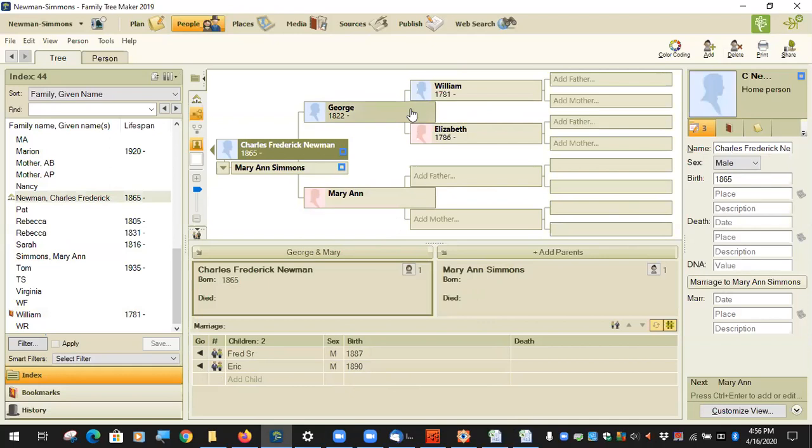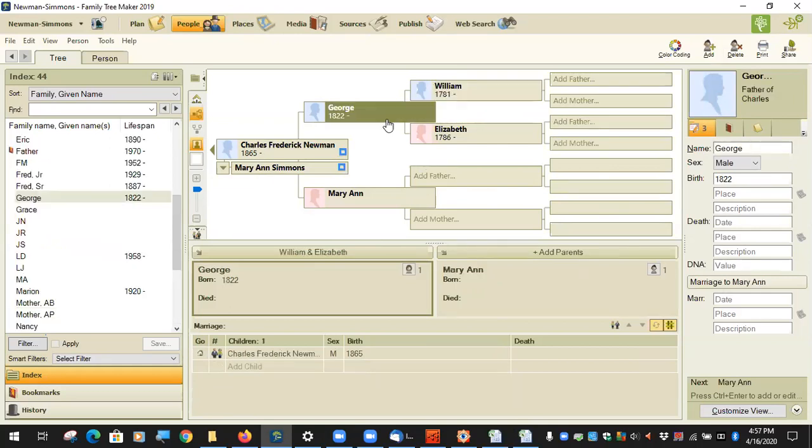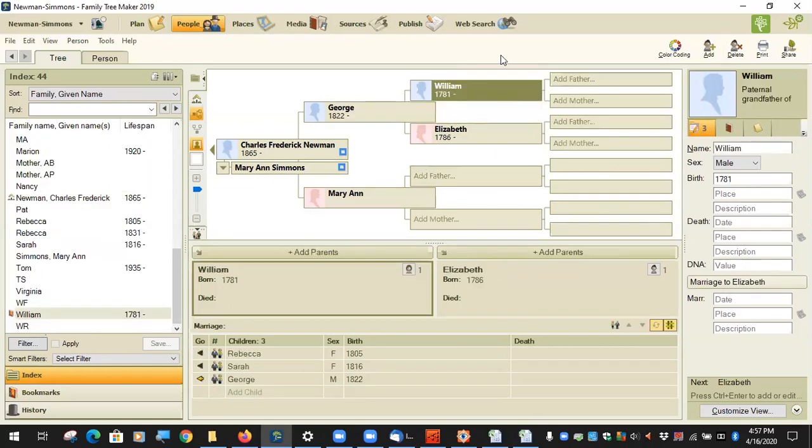Well, technically she just gave me names, so this George might be the parent of Simmons. I don't know, but anyway. And even if you don't know who they are, you can just put in blank placeholders, like any grandparent, any great grandparent.